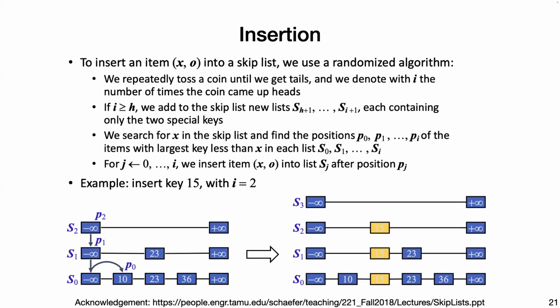Basically you do a similar procedure as search, but as you go down, you insert it at all the levels that you flipped the coin for. So in this example, we insert 15 and i equals 2, so 15 goes into levels 0, 1, and 2.